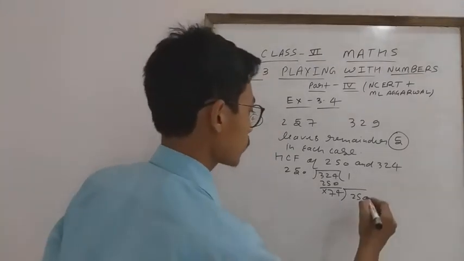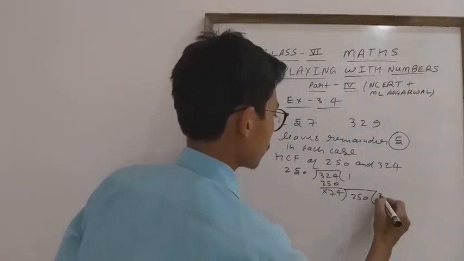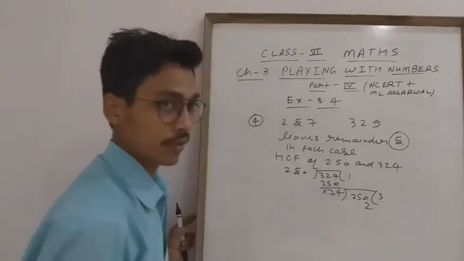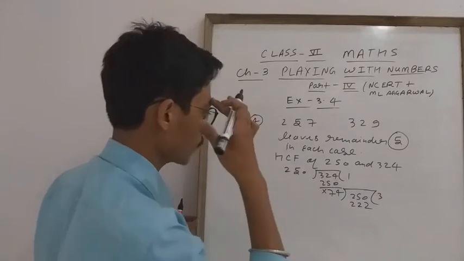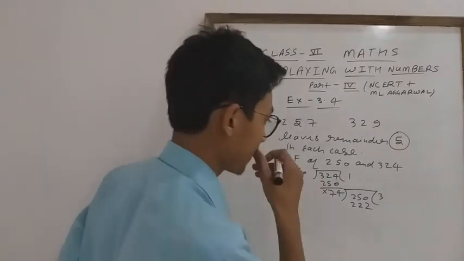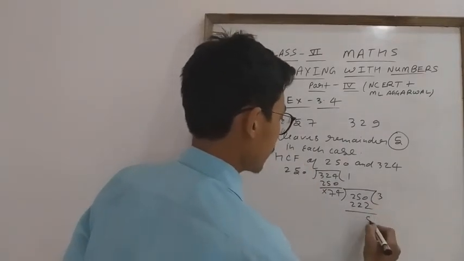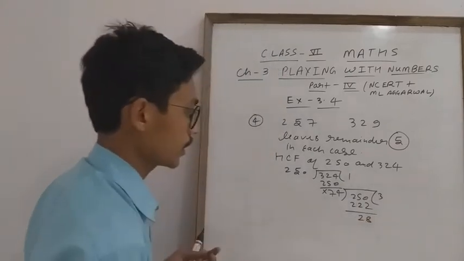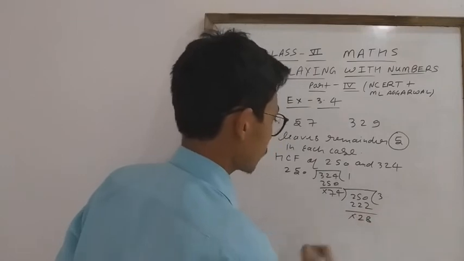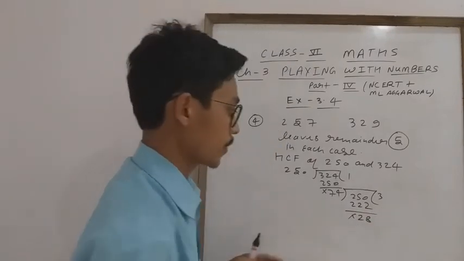How many times will it go? 3 times. 3 4 is 12, 3 7 is 21 and 22. 4 times will come, so 4 4 is 16, 4 it will be more, so it will come 10 minus 8, 4 minus 2, 2. Clear, everyone? Now it will cancel.